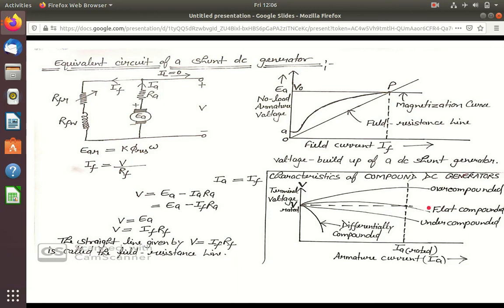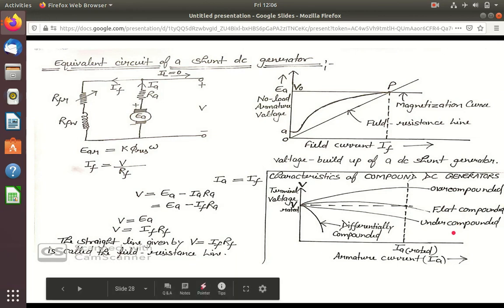For a flat compounded generator, the terminal voltage at full load is equal to the no load terminal voltage. And in an under compounded generator, the terminal voltage at full load is less than the no load terminal voltage. So these differentiate your over compounded, flat compounded, and under compounded.